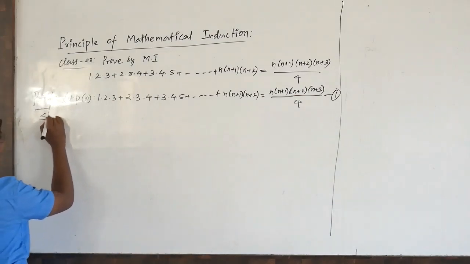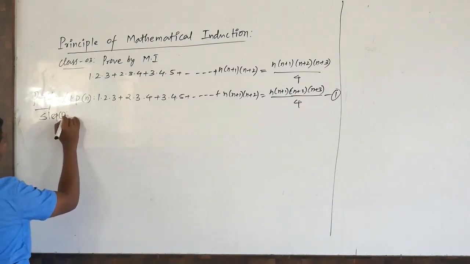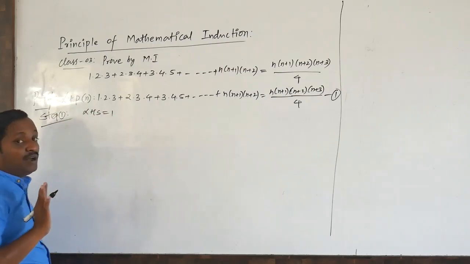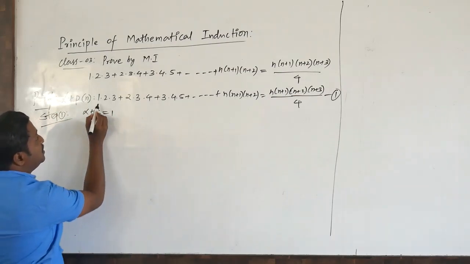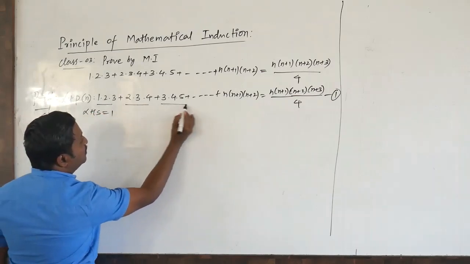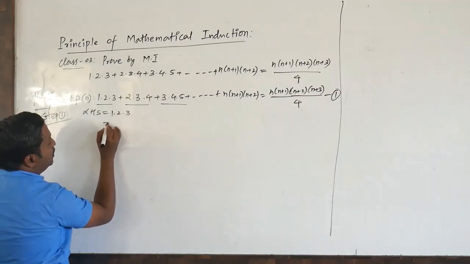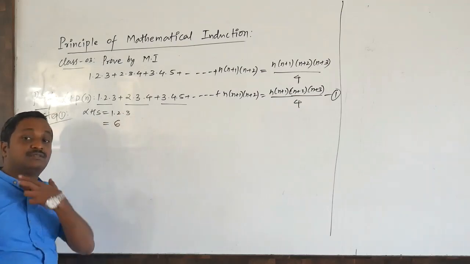Step 1. LHS: the first term is 1 into 2 into 3, so 1 into 2 into 3 is 6.